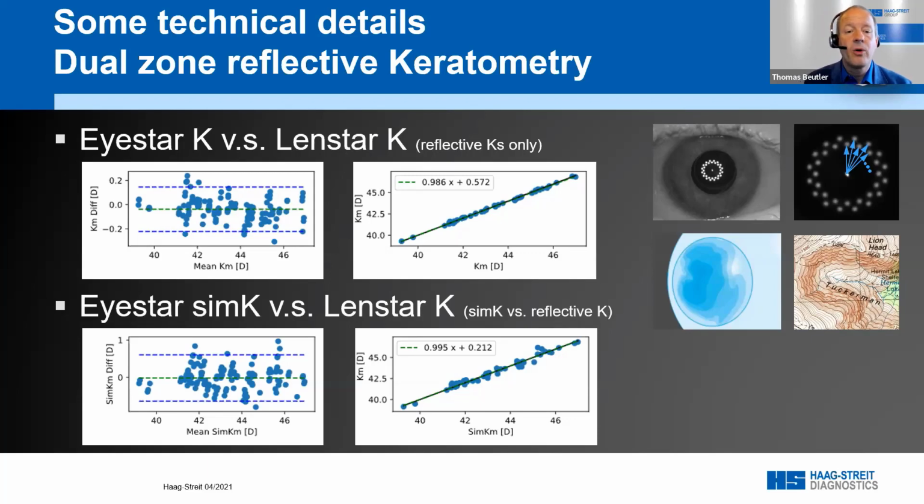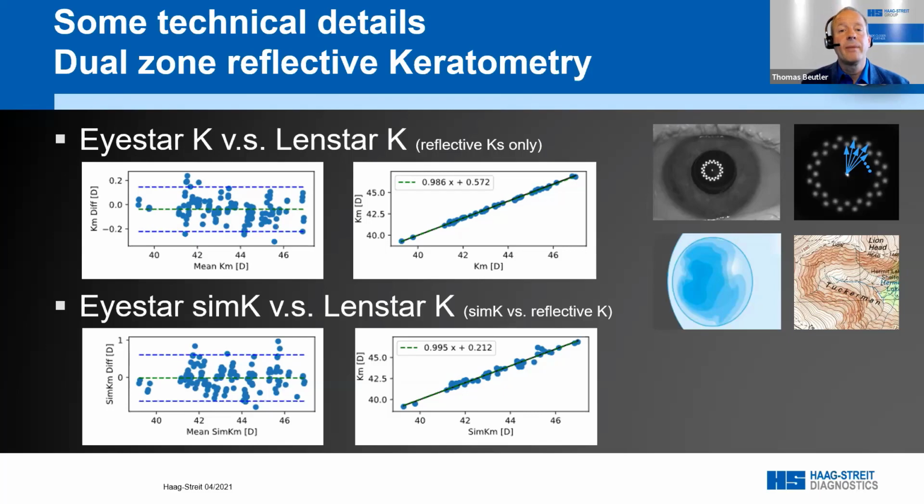Now, the right boxes show you we have a nice correlation. They're basically equal on average, but the left box, the Bland-Altman plots, show you that the variability between individual measurements is by far bigger for the comparison SIMK to reflective keratometry as compared to reflective keratometry against reflective keratometry.